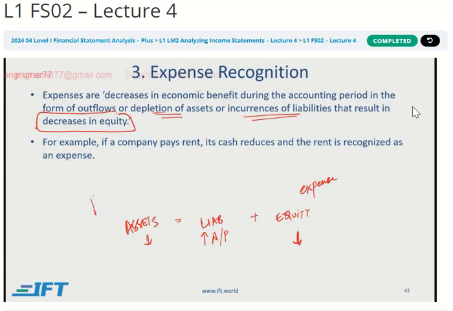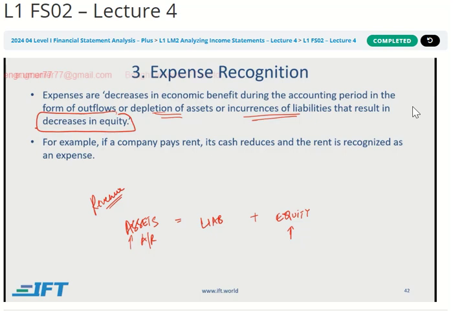On the other hand, what we talked about in the previous video is revenue, which increases your equity. So if the cash has come in, your asset will go up and your equity will go up. Even if the payment hasn't come in, you record the revenue and your accounts receivable has gone up, your equity will go up.